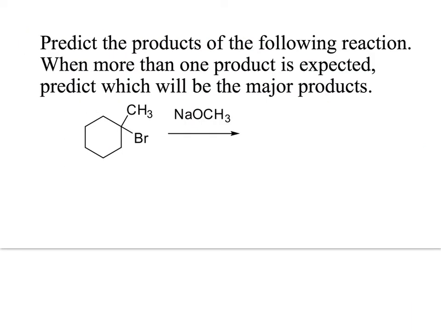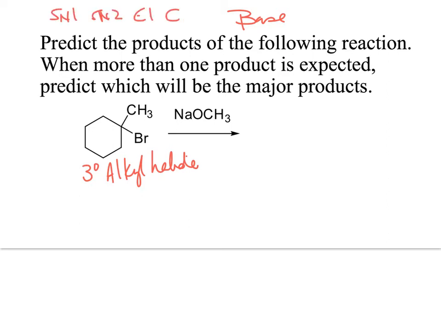Okay, this one says predict the products of the following reaction. Okay, this is one of those things where you got to look at your base. You have a tertiary alkyl halide. Now, alkyl halides either go SN1, SN2, E1, or E2.